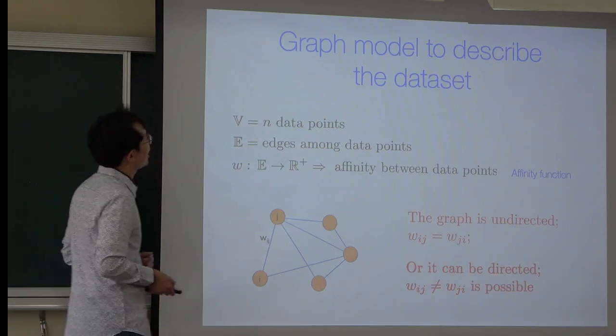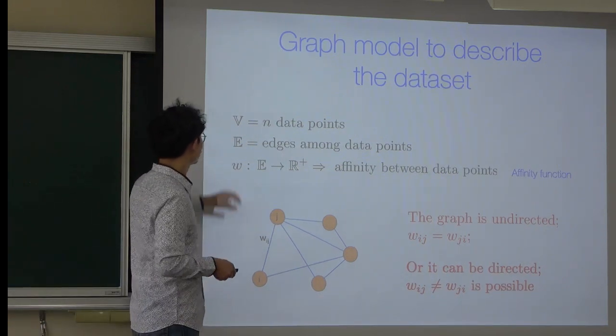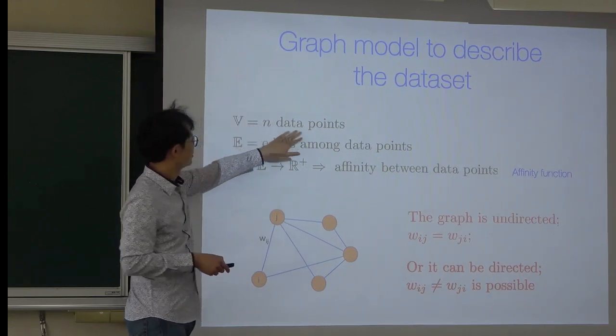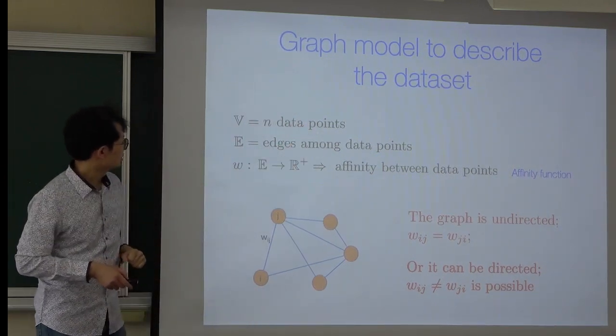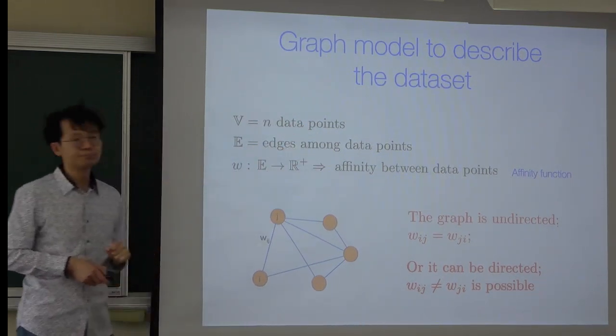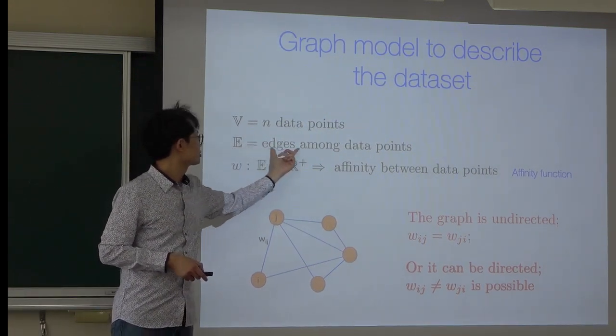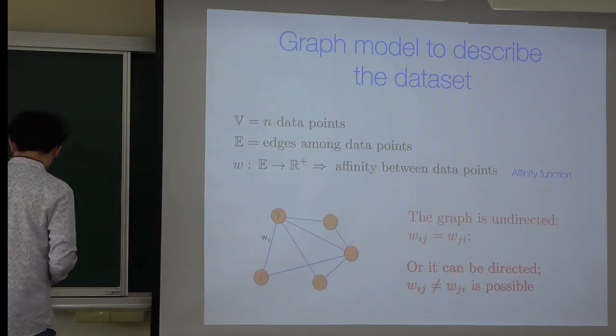So usually, given a graph, we use these three notations. V will denote the vertices, and suppose there are n data points. And we will have an E set, and E describes the edges among data points.